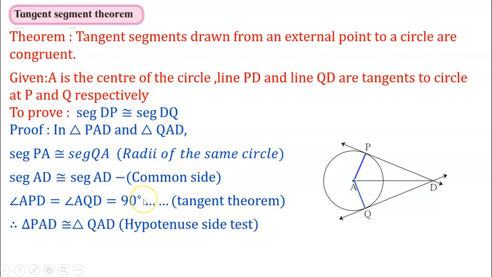Therefore, triangle PAD is congruent to triangle QAD by the hypotenuse side test, and hence segment DP is congruent to segment DQ, by CSCT, corresponding sides of congruent triangles. It's a very easy theorem.